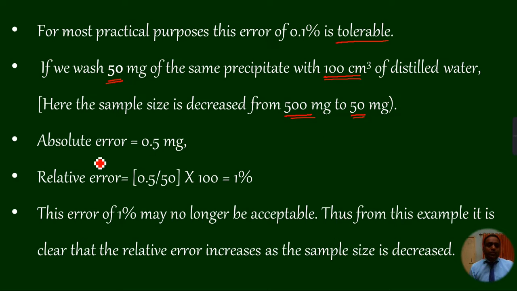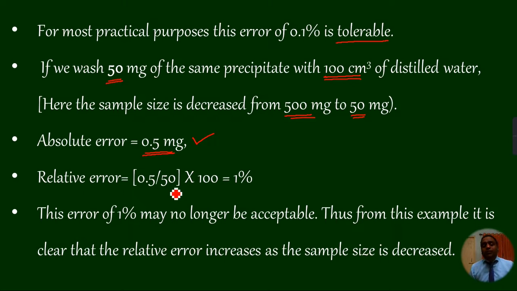We have to see. Absolute error is equal to 0.5 mg, because whenever you wash precipitate with 100 cm cube water, it is losing 0.5 mg of that precipitate. So absolute error in this case is a constant, that is 0.5 milligram, right?